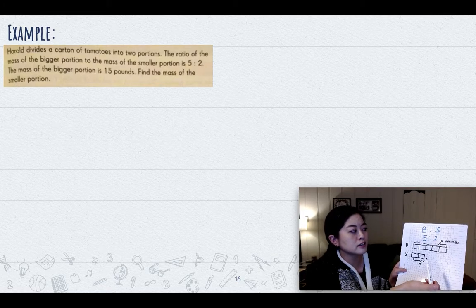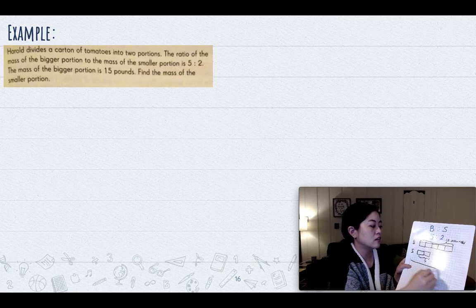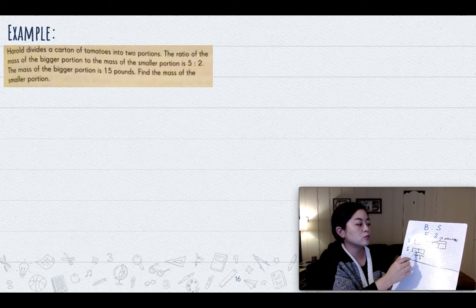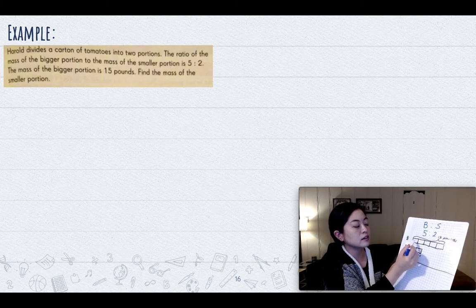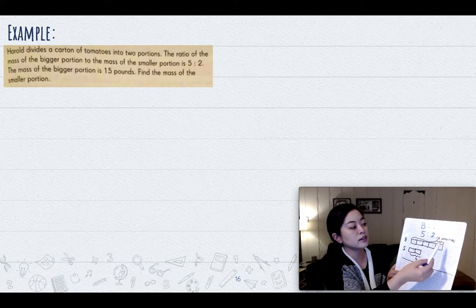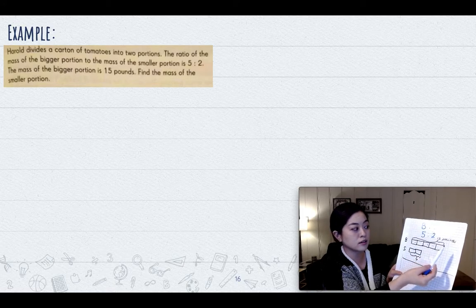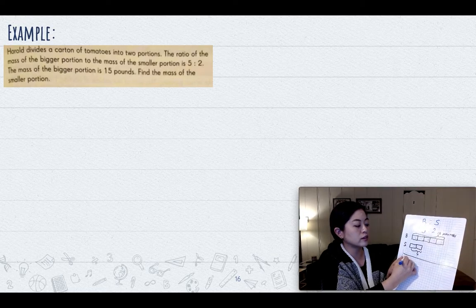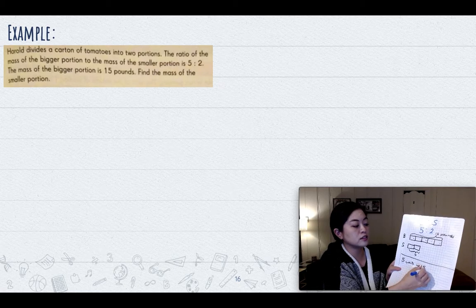So let me see. How do I figure out what one of these units is? Well, I'm given 15 pounds is equal to 5 equal groups, to 5 units here. So what we can do is write 5 units gets you 15 pounds.